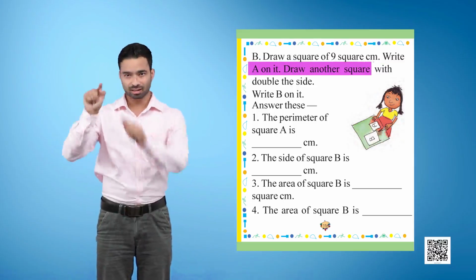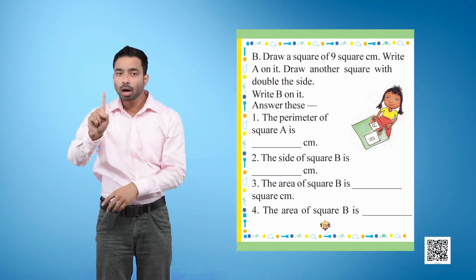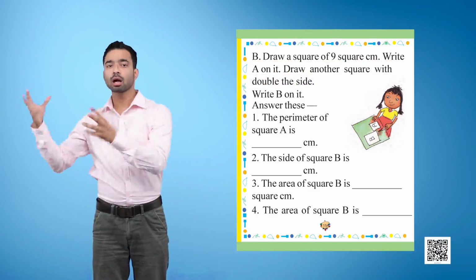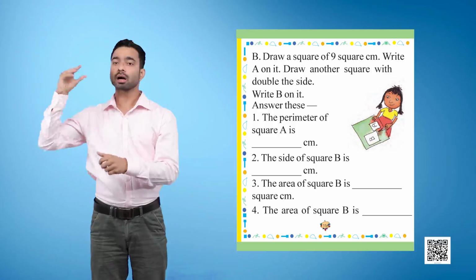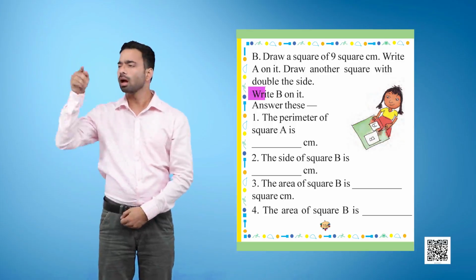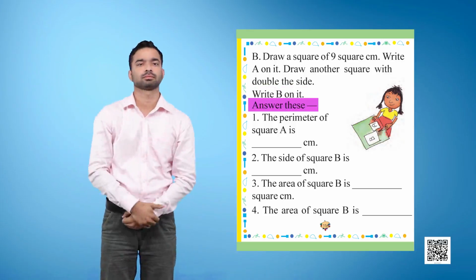Draw another square with double the side. Write B on it. Answer these.